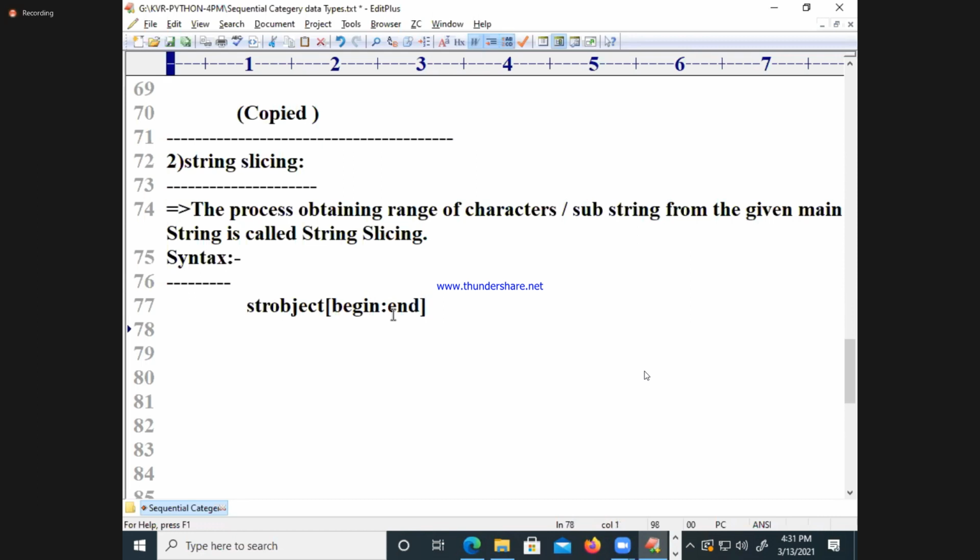Don't write, listen. This syntax gives you range of characters from begin index to end index minus 1. End minus 1 index.